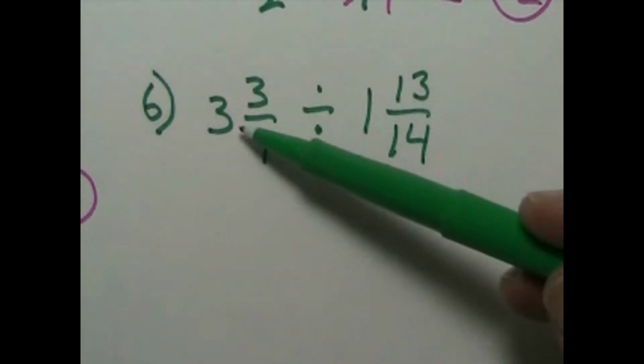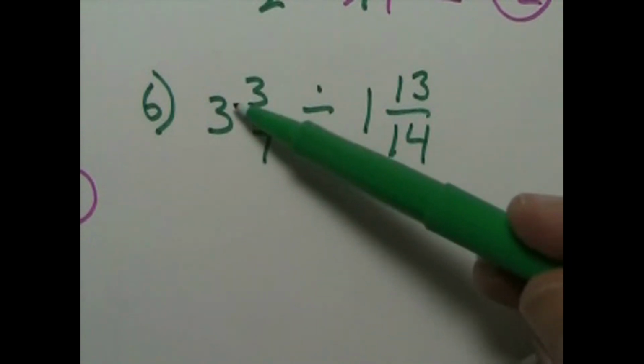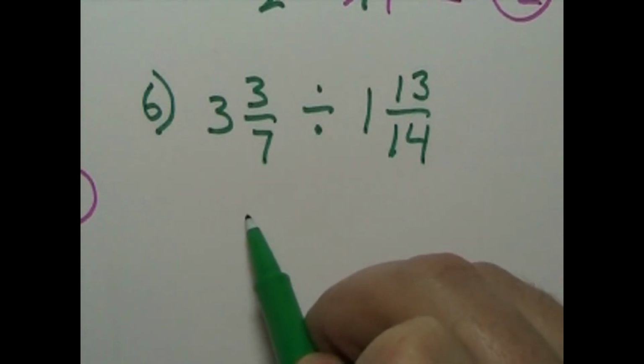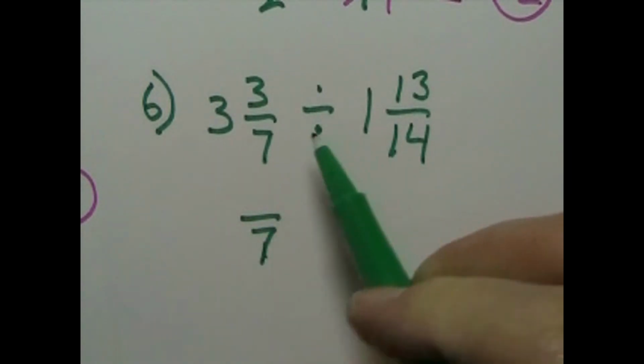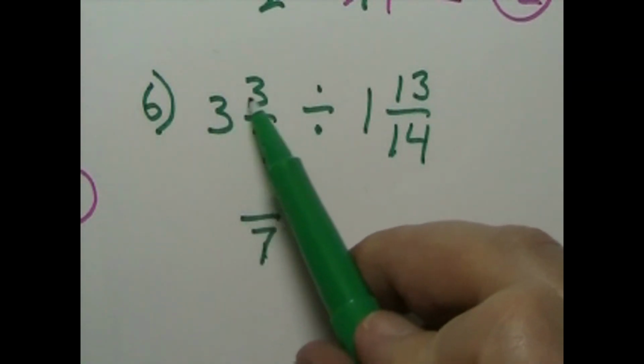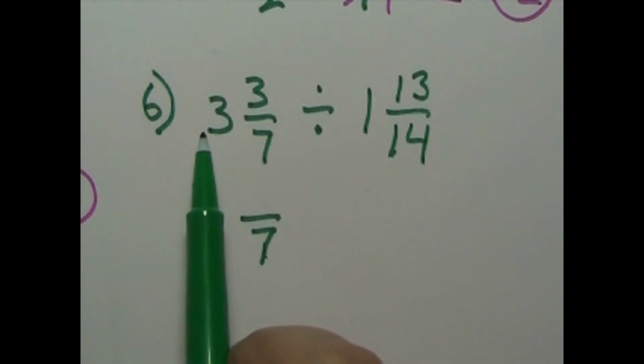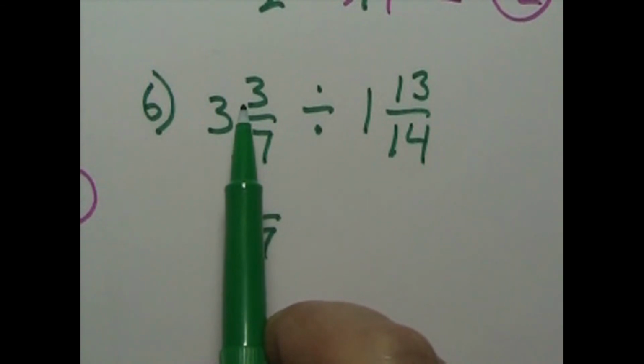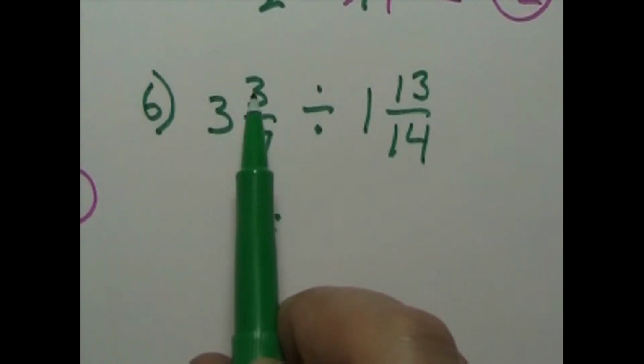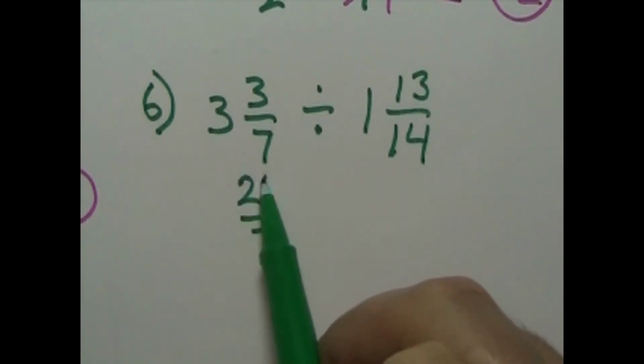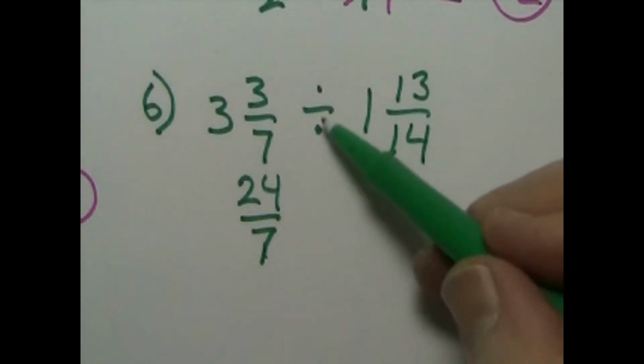So our first step is we have to make this into fractions. So this one right here, that's 7 times 3 plus 3. So that's going to be 21 plus 3, 21, 22, 23, 24. I'm going to change this to times.